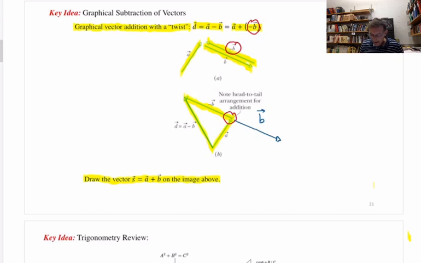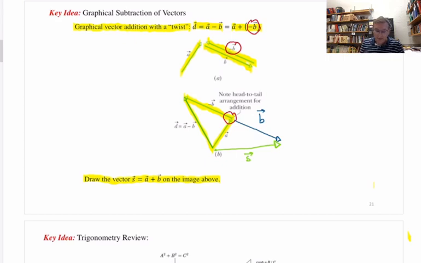And then the sum S, not the difference D, goes from the tail of A to the head of B. So there's S, the sum A plus B. And over on the left is D, A minus B. And the vector S and the vector D are different. They may have the same length in this case, S and D, but they do not point in the same direction. And therefore they are different vectors.